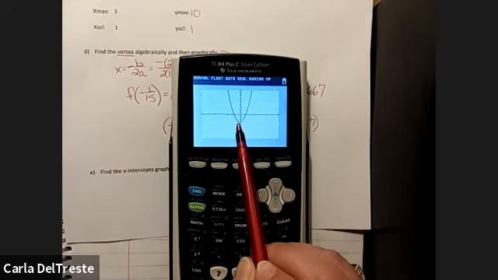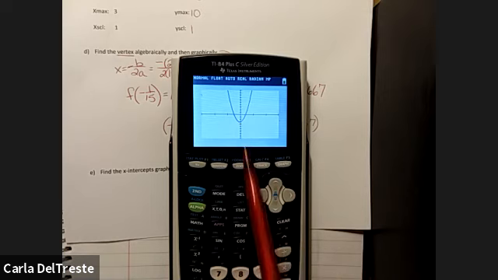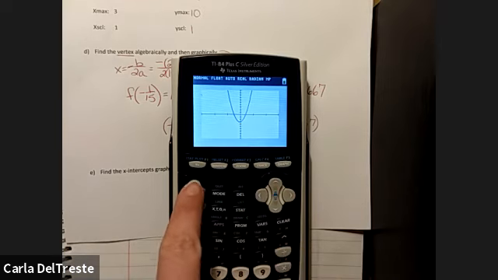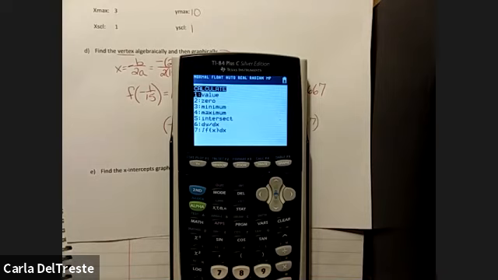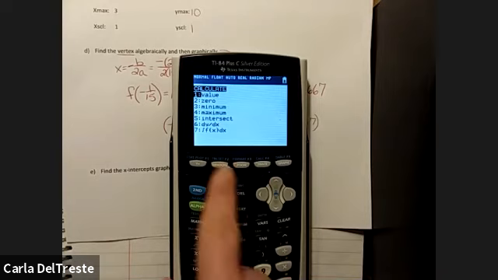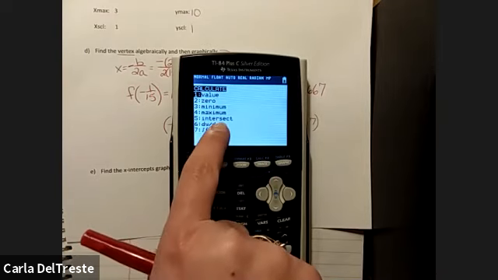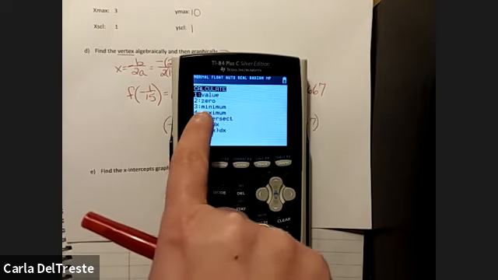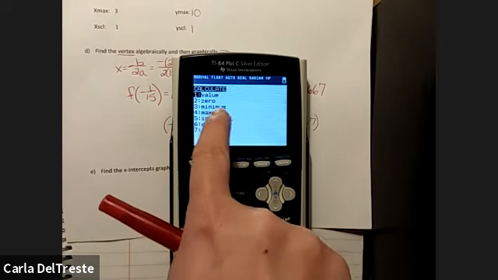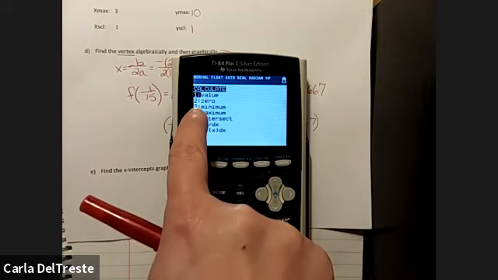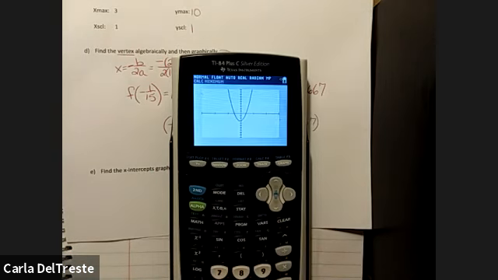I need to find that minimum. So I'm going to go to our trusty menu, second trace. And I'm not going to choose number 5. That's been kind of our go-to. Now I want to find a minimum. So that's going to be choice number 3. So I'm going to hit number 3.